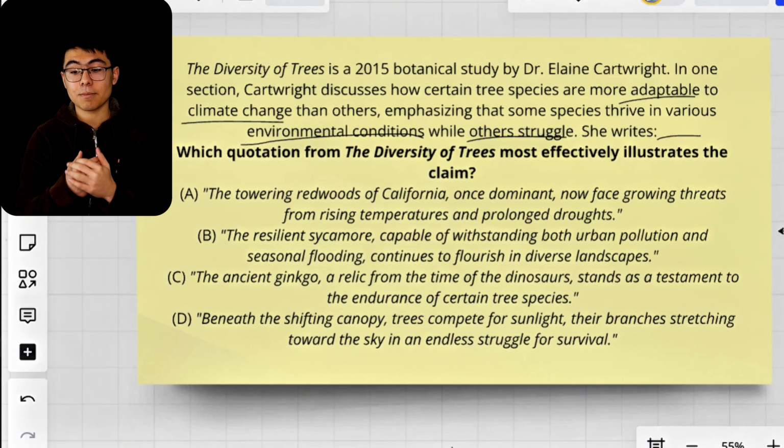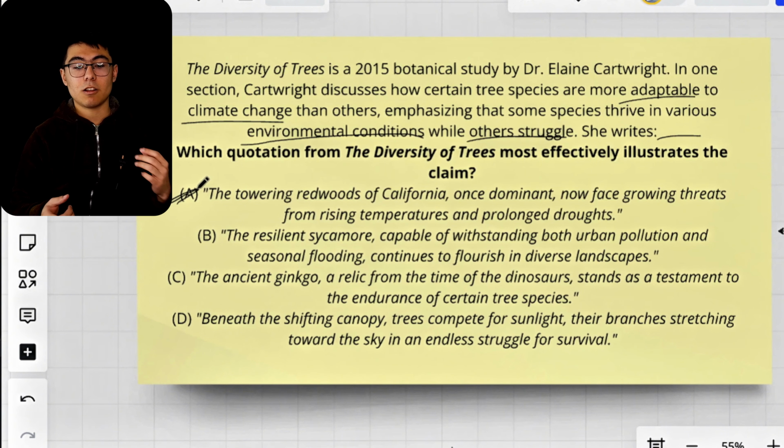That's why choice A is wrong, because it doesn't say there are some species that adapt well to change. Choice B: the resilient sycamore, capable of withstanding both urban pollution and seasonal flooding, continues to flourish in diverse landscapes.